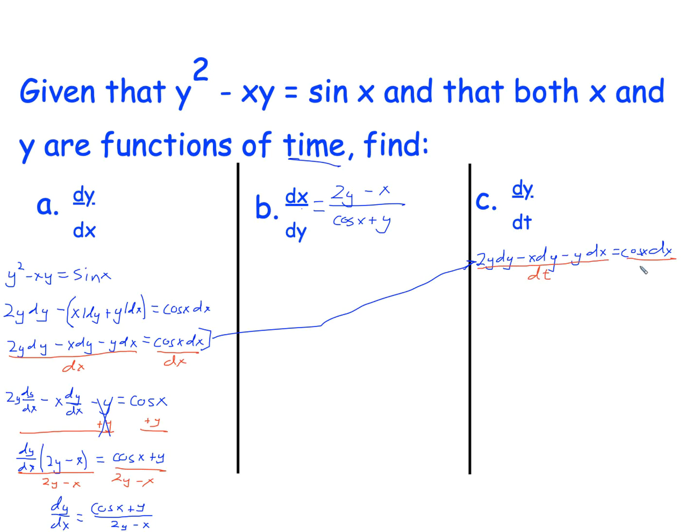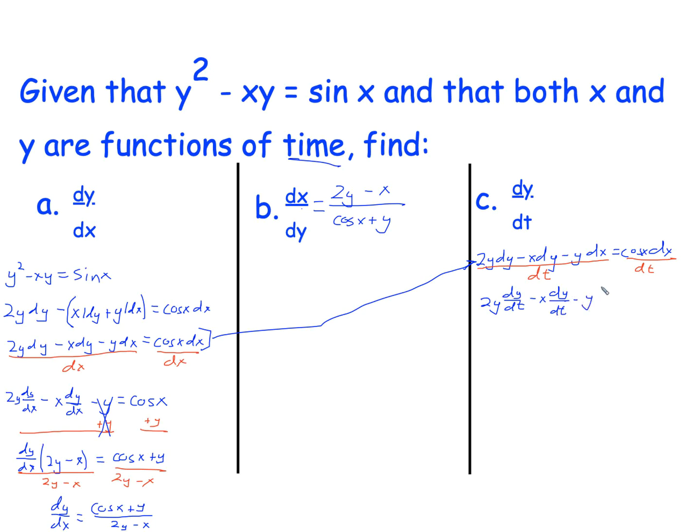Still going to look very similar, and we probably could have talked through it, but let's just do the work anyway. So now we have 2y dy/dt minus x dy/dt. And we'll see here, we don't have anything canceling.